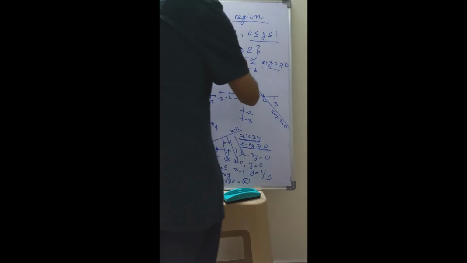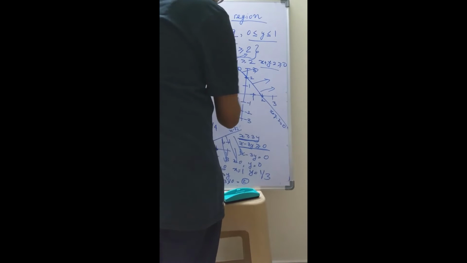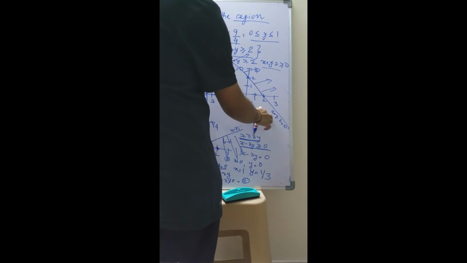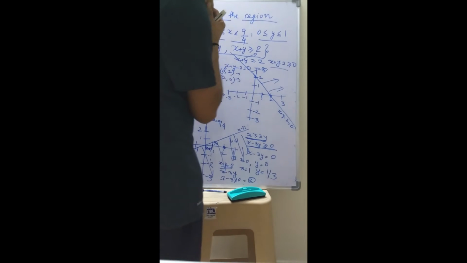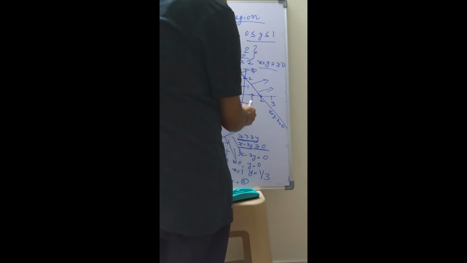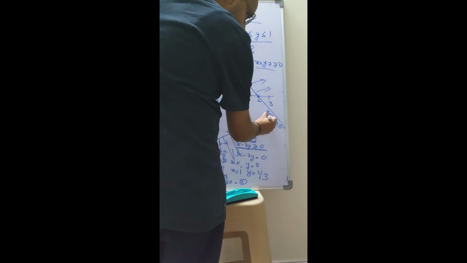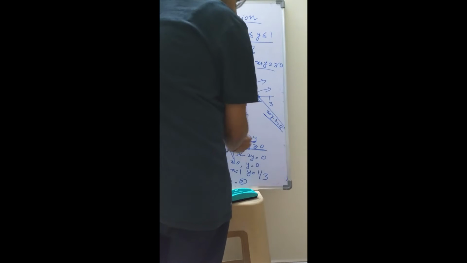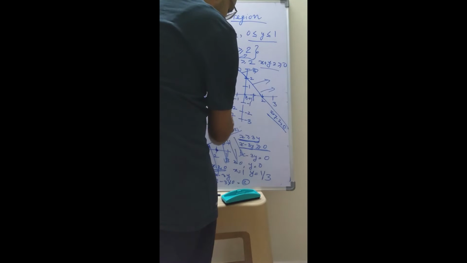Now you have to find out which portion. There are two portions, one this and the other this one. Which one satisfies x plus y minus 2 greater than equal to 0? Remember how I solved this. Take one point from this area, which is 0, 0, and put it in this equation x plus y minus 2. If you put 0, 0, the value is minus 2.